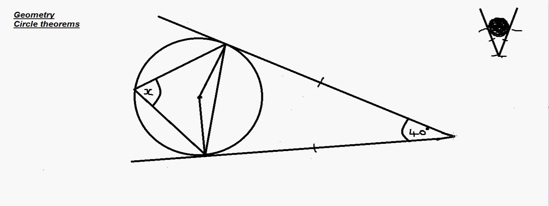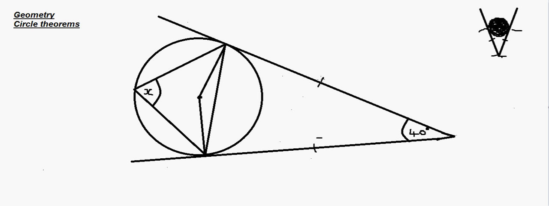So if I just concern myself with this triangle here, the chord is the bottom of the triangle, and I've got two sides. Now I know the two sides are the same.